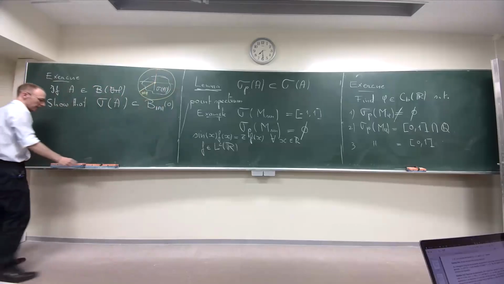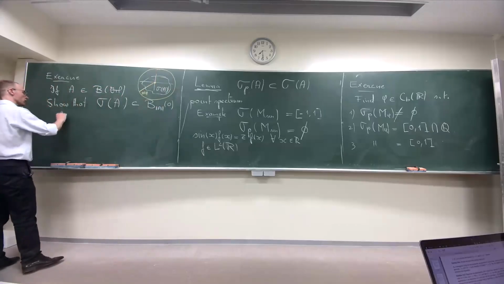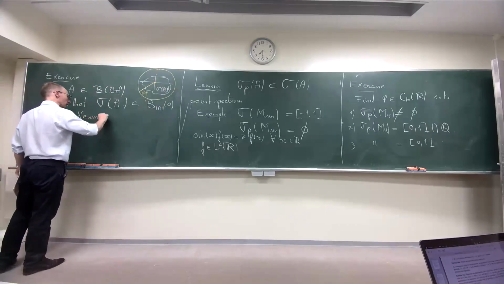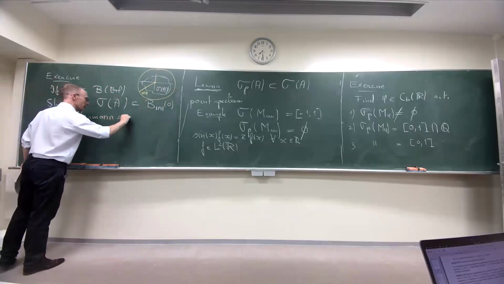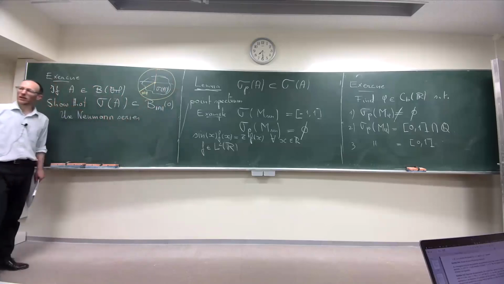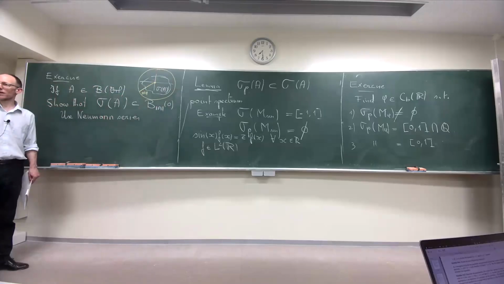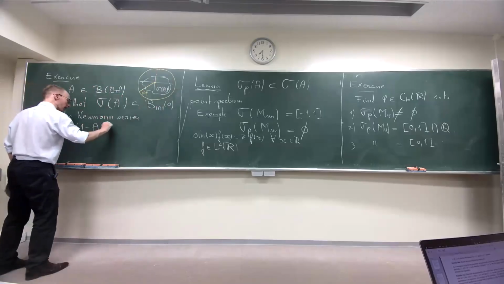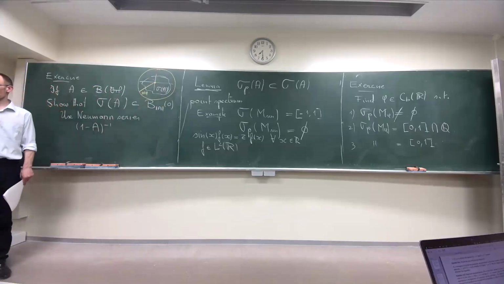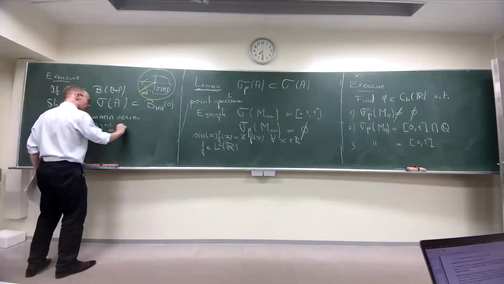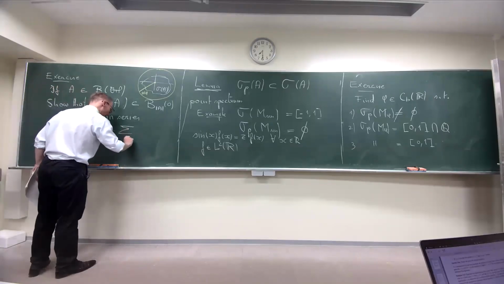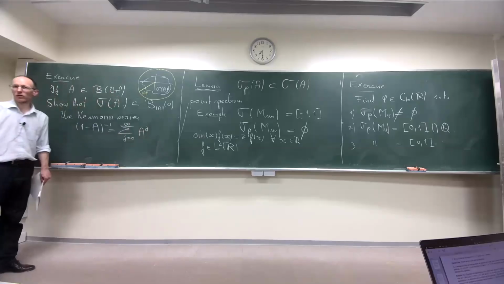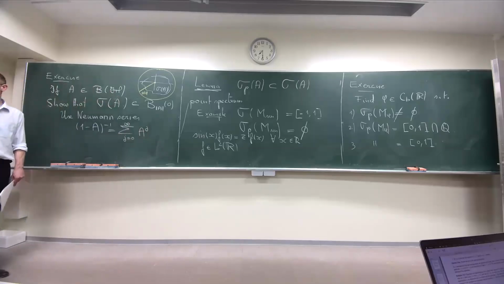And what is the key for proving this? Use Neumann series. I introduced the Neumann series last week. Can you remember what it is? It is stupid equality. 1 minus A to the minus 1 is the sum of J from 0 up to infinity of A^J, which you know for numbers, but there is a condition.